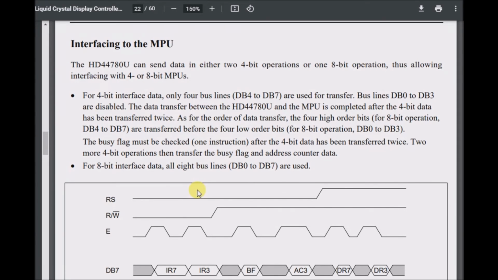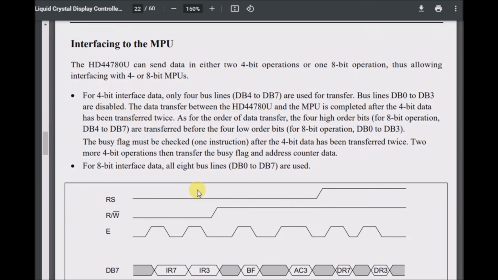For 4-bit interface data, only 4 bus lines DB4 to DB7 are used for transfer. Bus lines DB0 to DB3 are disabled. The data transfer between the HD44780U and the MPU is completed after the 4-bit data has been transferred twice.